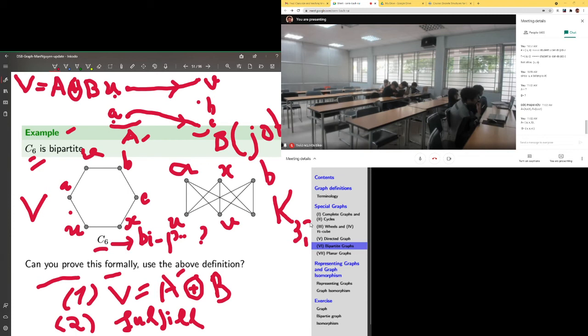Okay. So actually, the right hand side is not C6. But if you delete the connection AC and the connection XV, and also you delete the connection UB, then you get C6. Okay, so that is the answer for that.